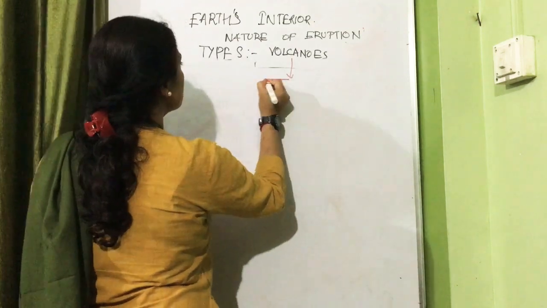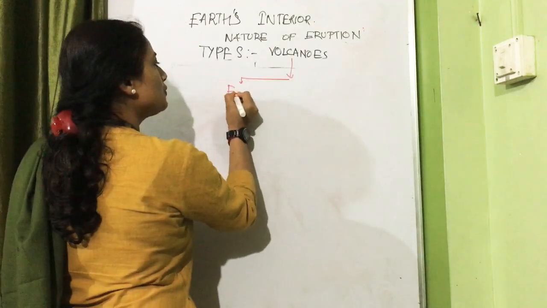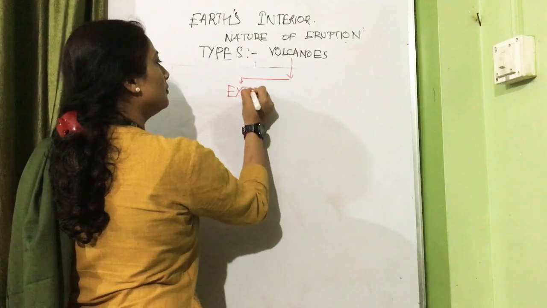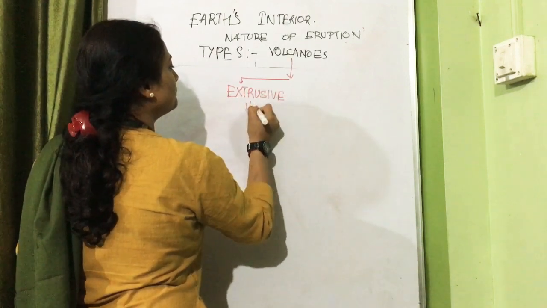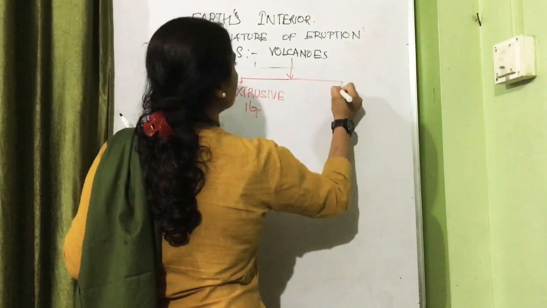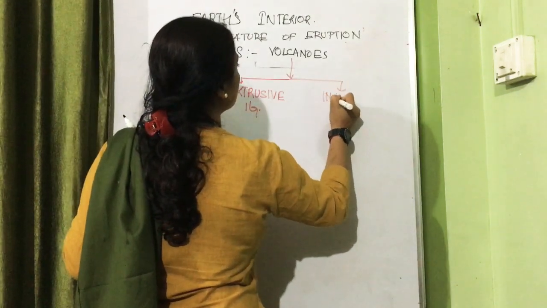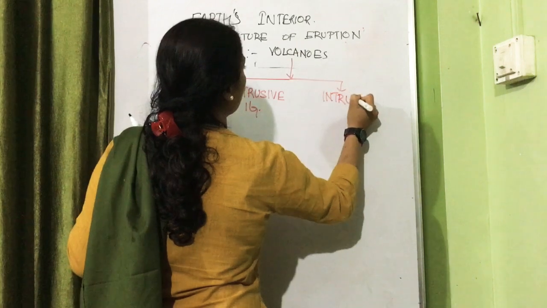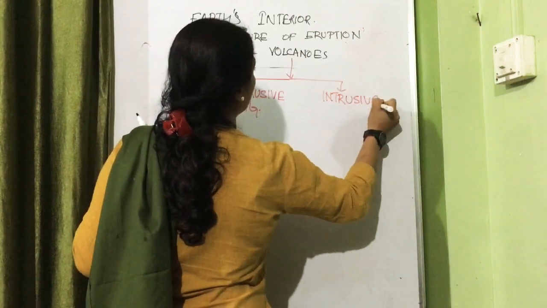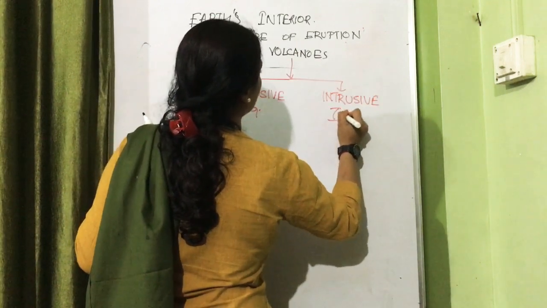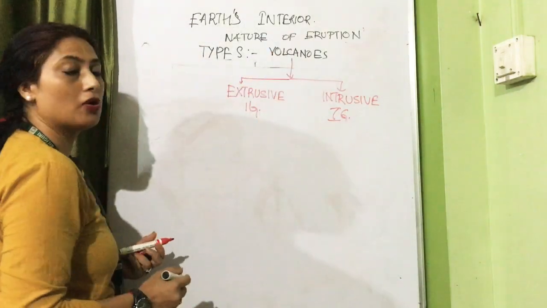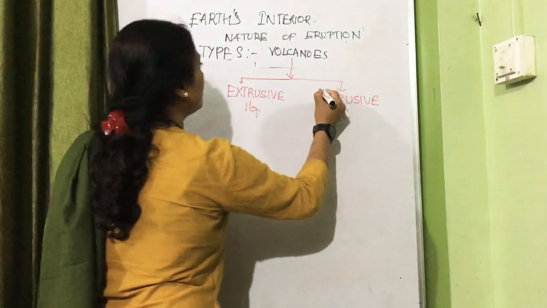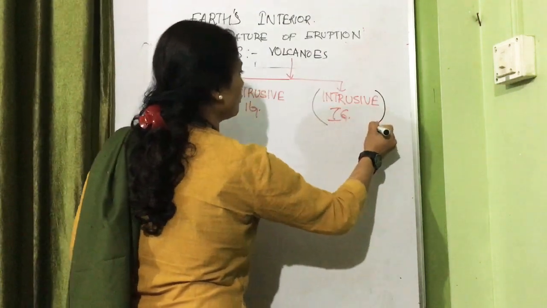One is extrusive igneous rocks, and one is intrusive igneous rock. So what are the different features which can be seen? We are going to discuss the intrusive forms.